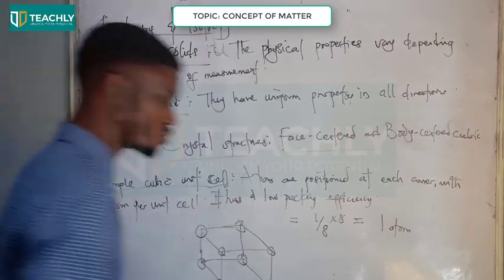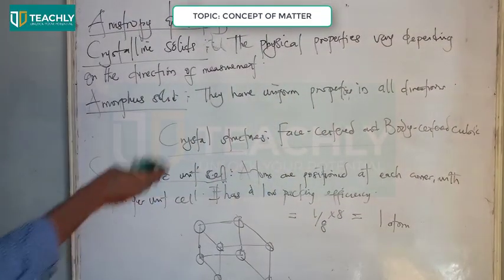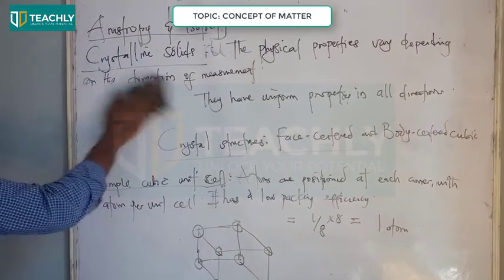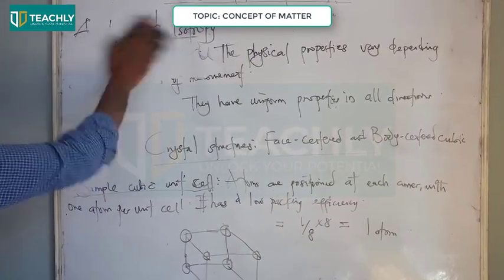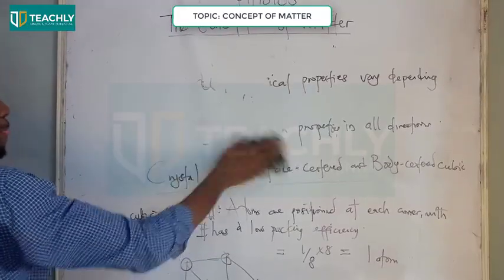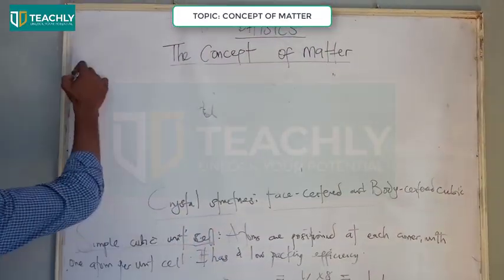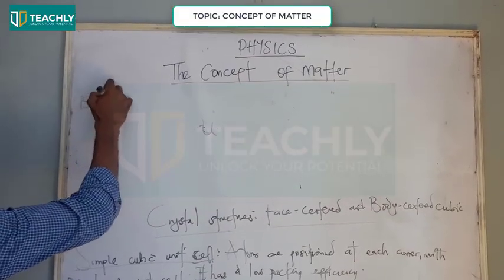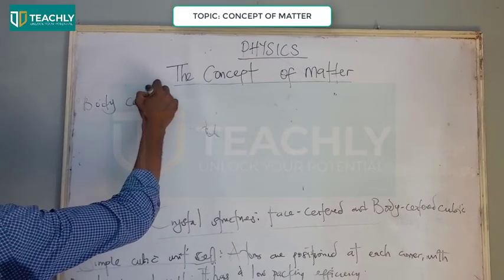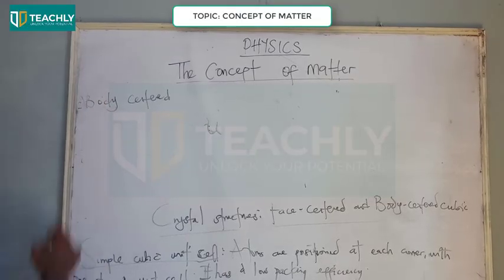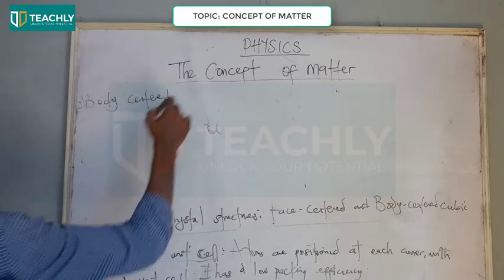Now, let's move to the body-centered cube, BCC. This is number 2, and this is number 1.